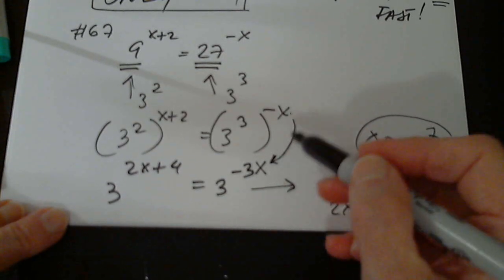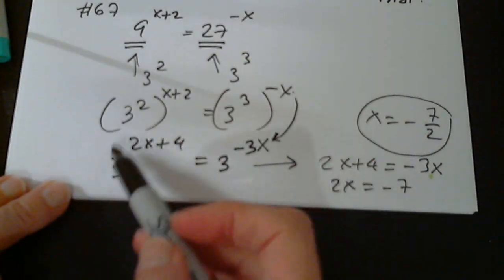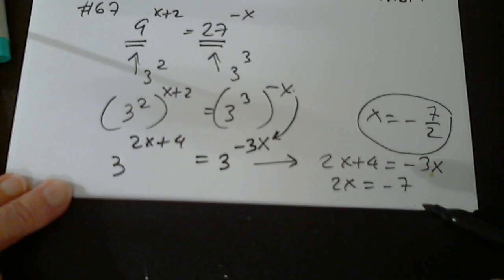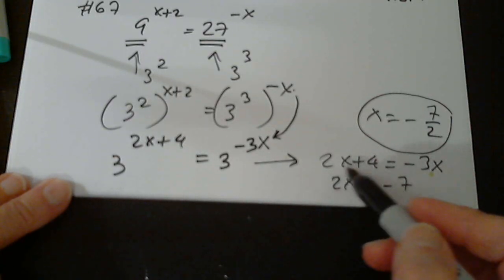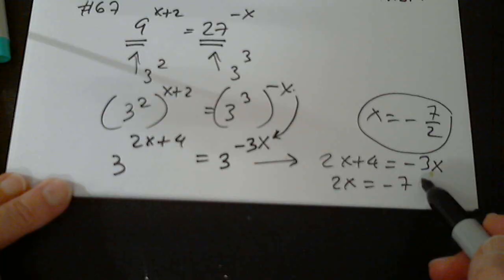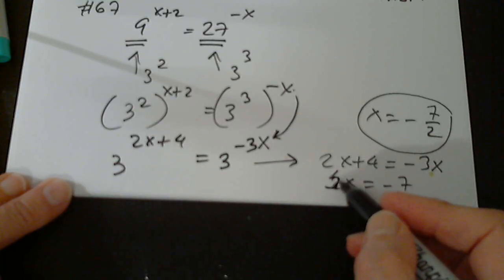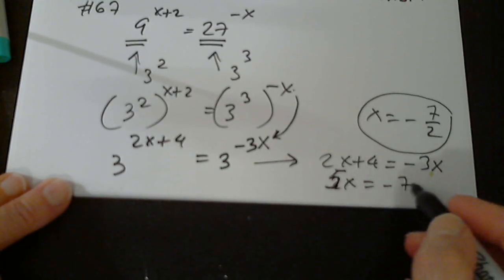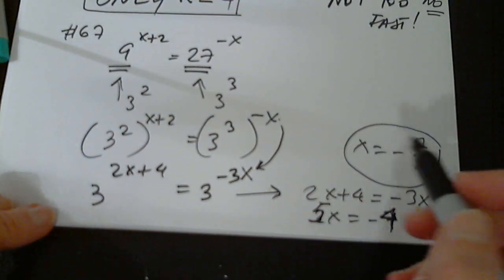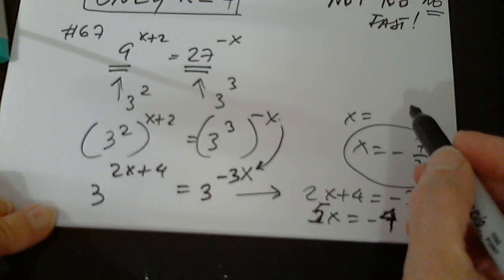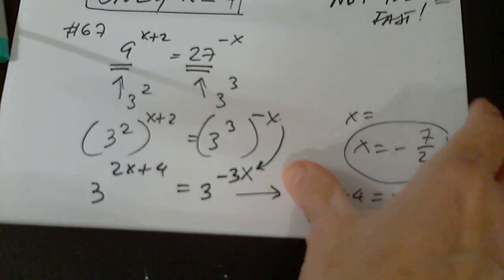I rushed and I didn't copy the x power. I multiplied here, but I didn't multiply here. Sorry. So 2x plus 4 equals negative 3x. That's correct. So then we have, what should I put here? 5x. 5x equals negative 4. So it's negative 4/5. So x, let me put it on the next page.